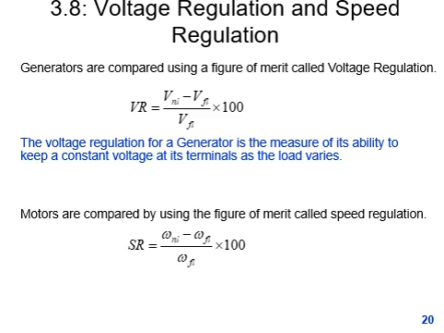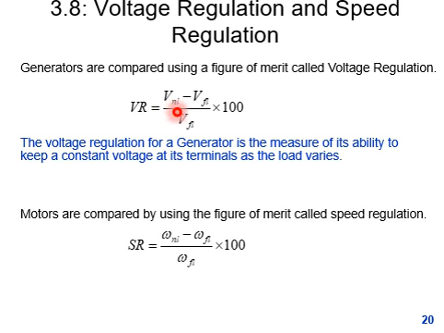In the case of generators, the generators are compared with respect to their voltage regulations. Voltage regulation for a generator is the measure of its ability to keep a constant voltage at its terminals as the load varies.